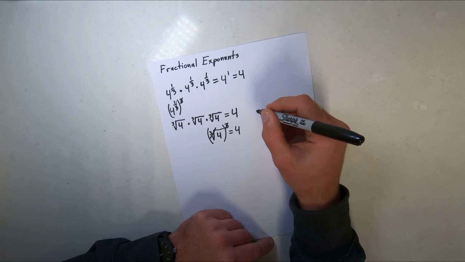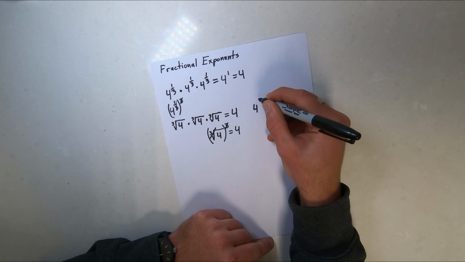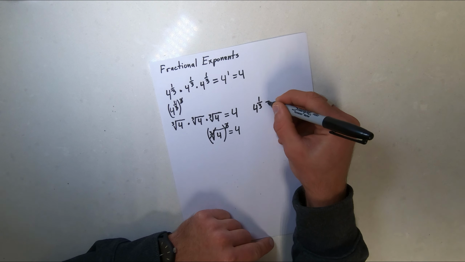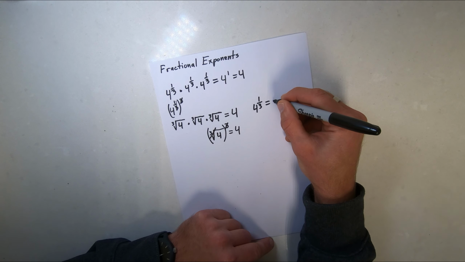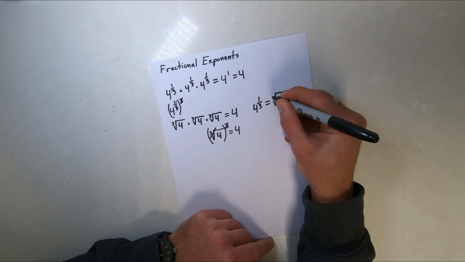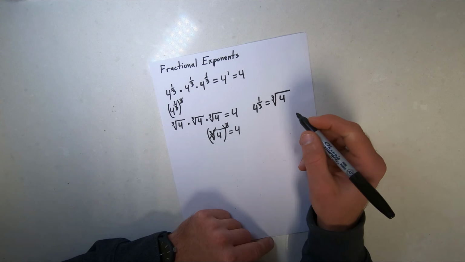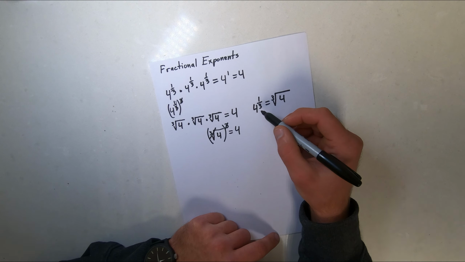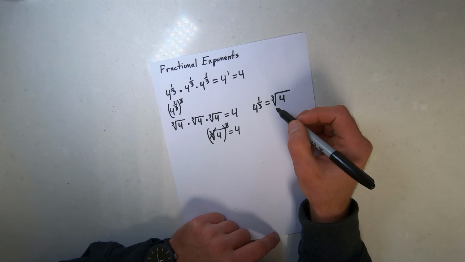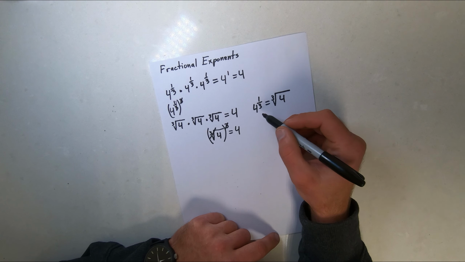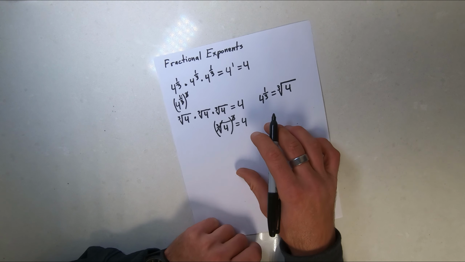So from this we know that 4 to the 1/3 power is equal to the cube root of 4. These two are equivalent, which means that a 1/3 power is the same as saying the cube root of that number. Let's work another problem.